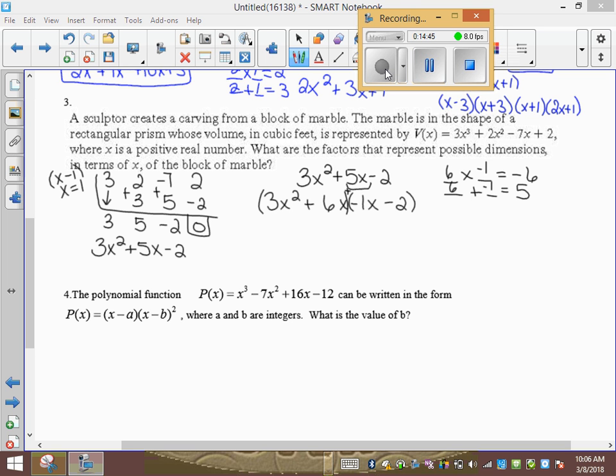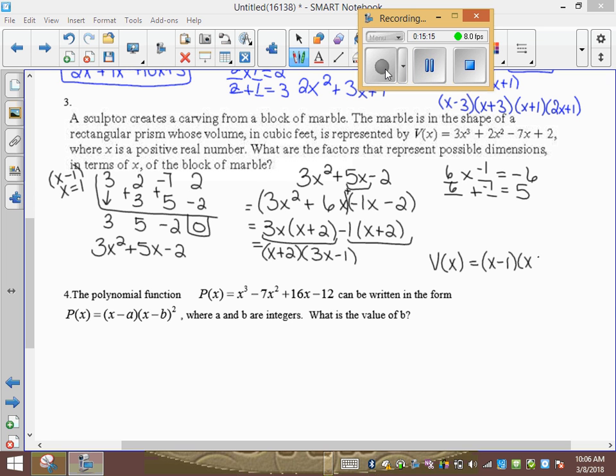Take a 3 out and an x, and you're left with x plus 2. What do I have to take out of the second bracket? Negative 1. What can I take out of my two brackets? X plus 2 and 3x minus 1. So this volume, V of x, actually equals x minus 1 times x plus 2 times 3x minus 1. That'd be your length, width, and height.